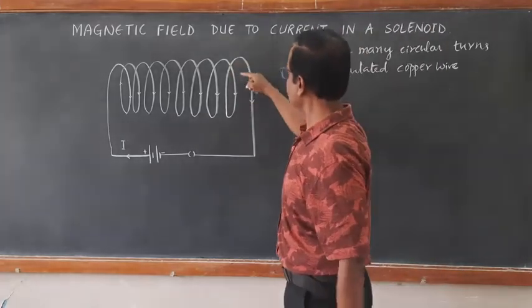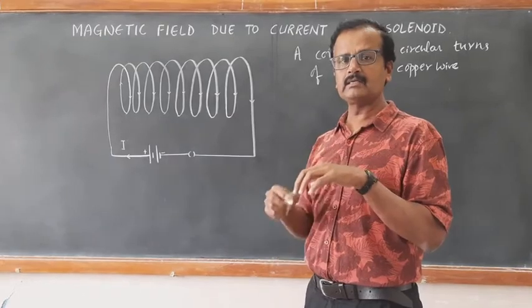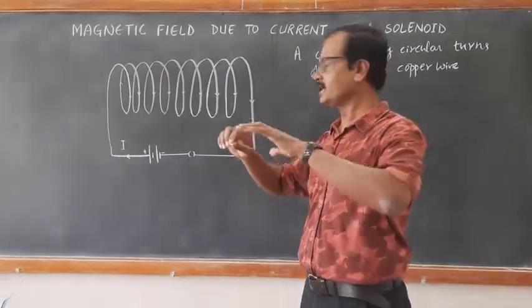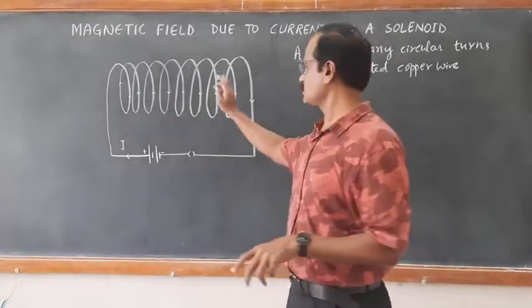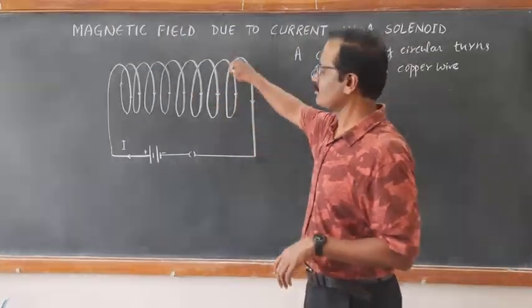Insulated means the outer surface is coated with insulation so that the current does not get connected to any object. Even if we touch it, we will not get any electric current through our body. That is the meaning of insulation.